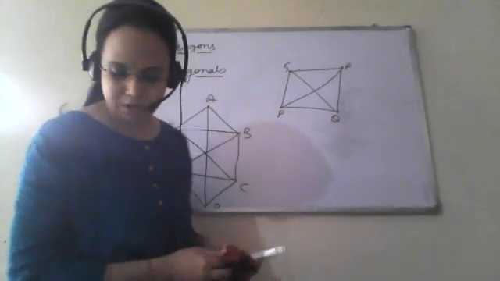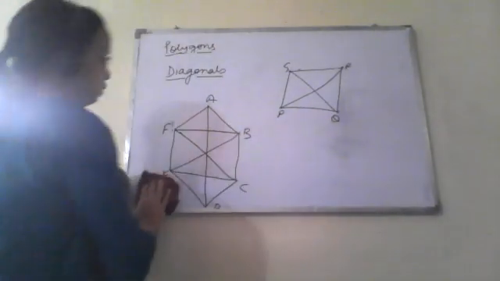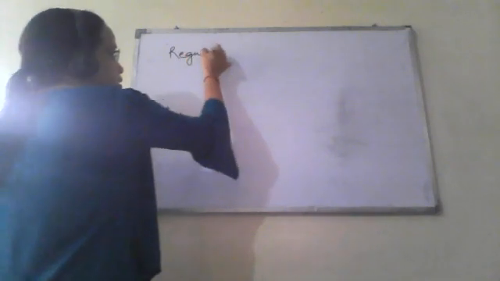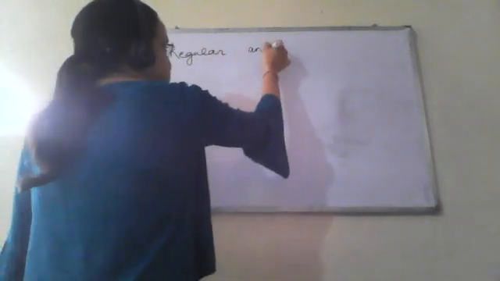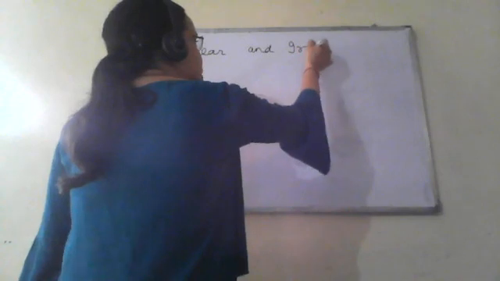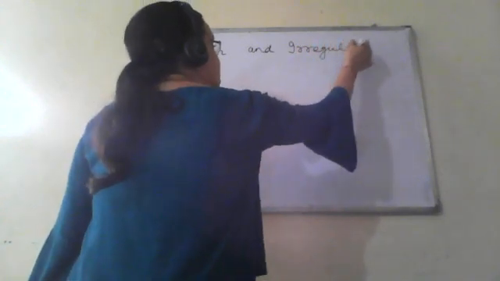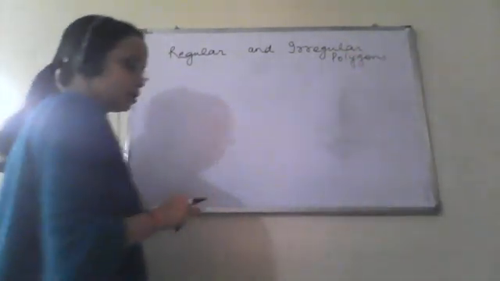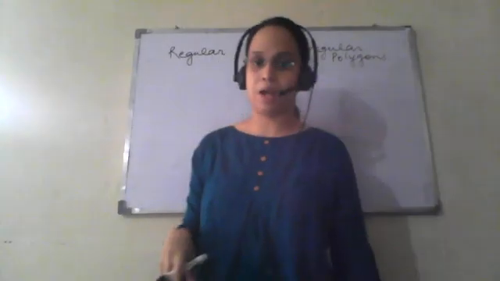Now what are convex and concave polygons? Or before that, I will discuss what are regular and irregular polygons. Regular and irregular, there are two things which have to be kept in mind.